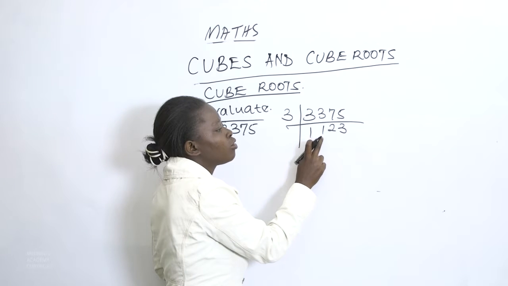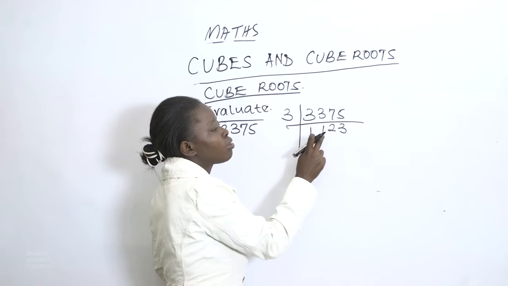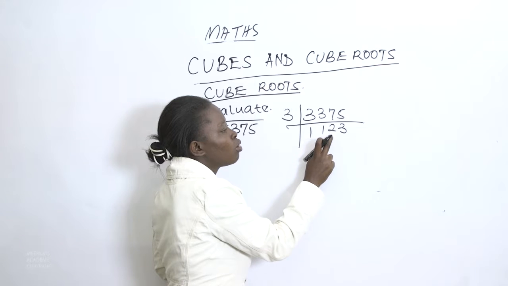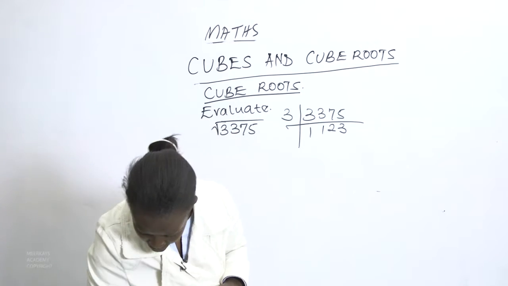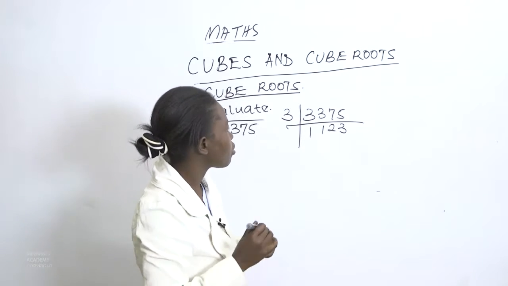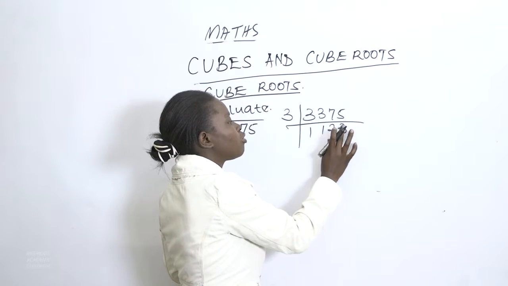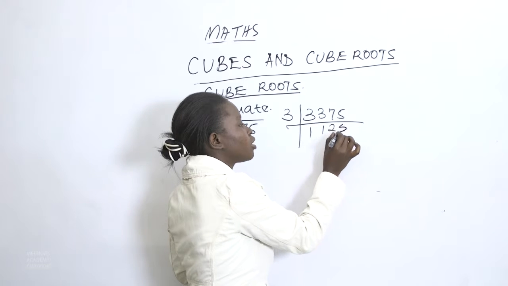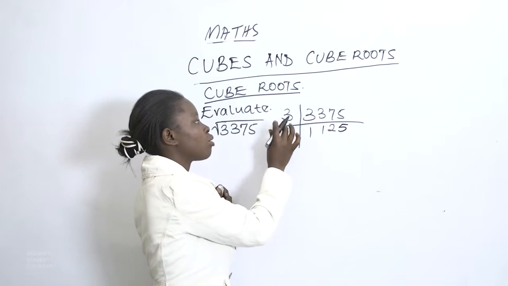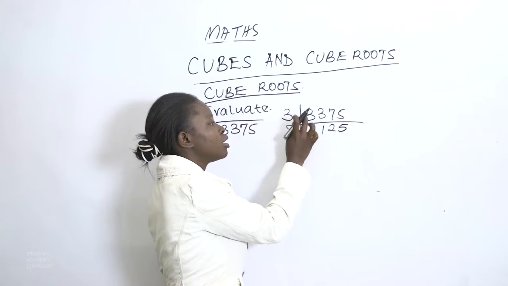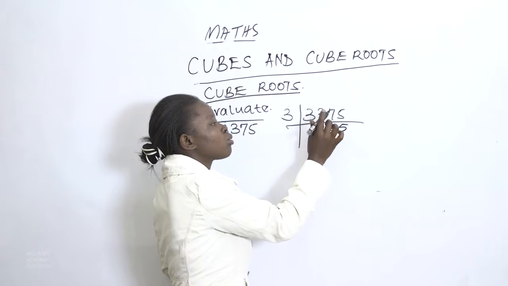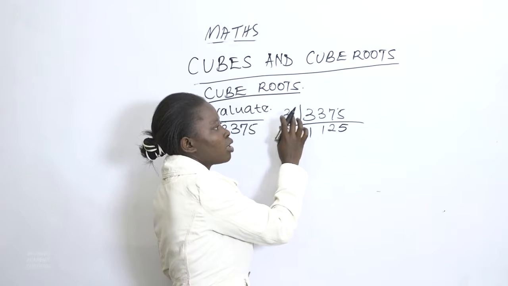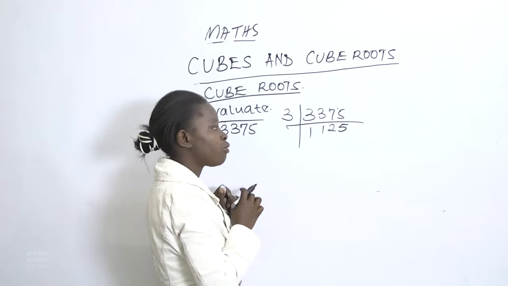Sorry, 3 into 15 should be 5 and not 3. So that is where the problem is. So 3 into 3, 1. 3 into 7, 2. We have a remainder of 1, so this makes it 15. 3 into 15, we have 5.